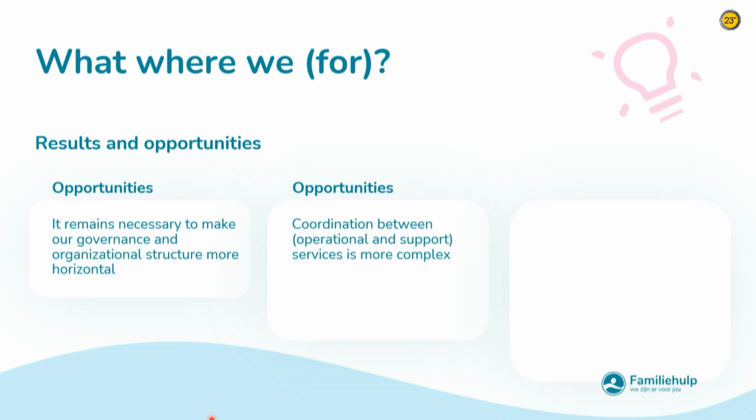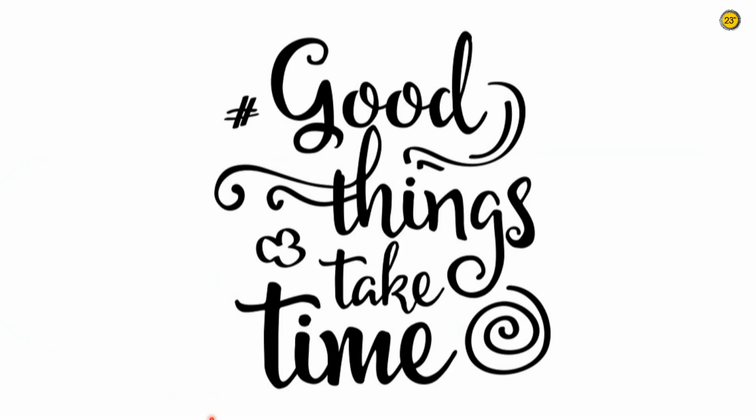So it remains necessary to make our governance and organizational structure more horizontal, and the coordination between the operational floor and also the support, how the interaction is, you have to think about how you can manage that. So, last lessons: take time, take your time.